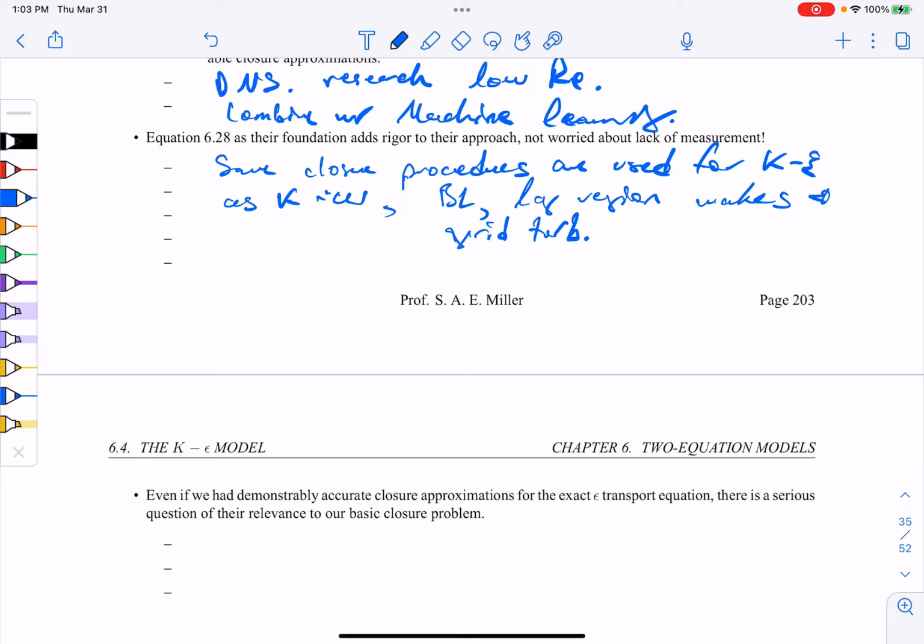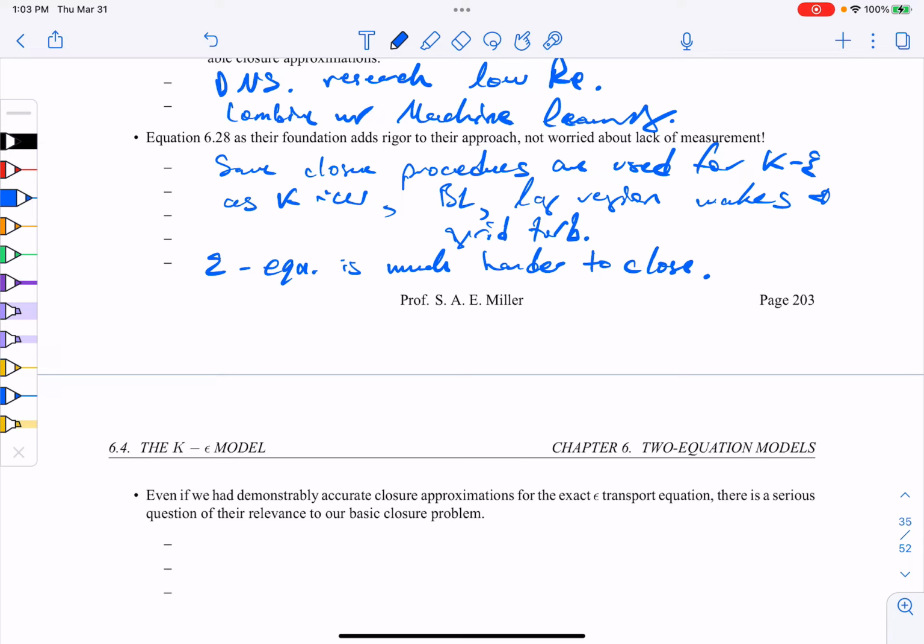You can focus on one or many, and ideally you would have one type of flow per closure coefficient, but that doesn't happen in practice. And the epsilon equation is much harder to close. And the standard closures for K-omega and K-epsilon result in better predictions in different flows.